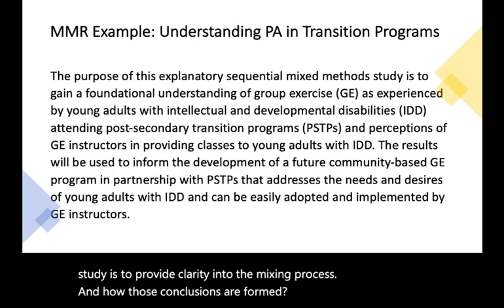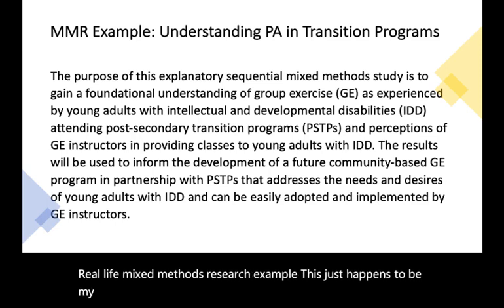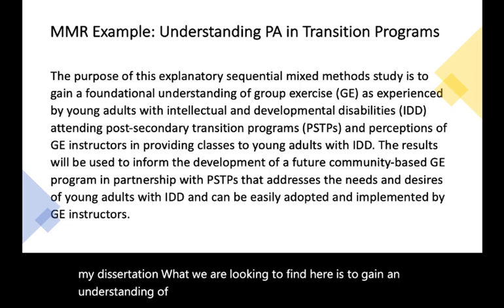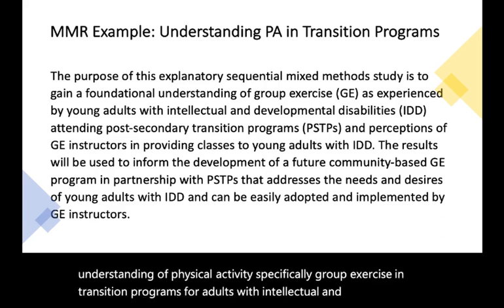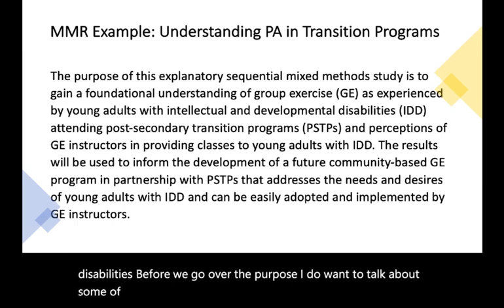Now, a real life mixed methods research example. This just happens to be my dissertation. What we are looking to find here is to gain an understanding of physical activity, specifically group exercise, in transition programs for adults with intellectual and developmental disabilities. Before we go over the purpose, I do want to talk about some of the acronyms that we're going to use.